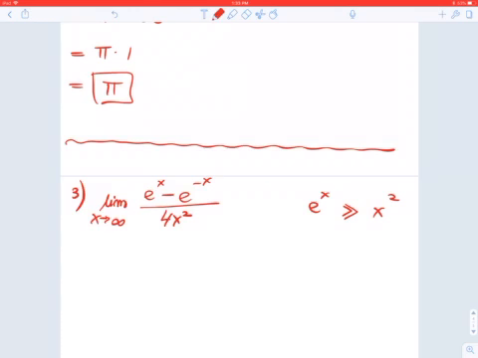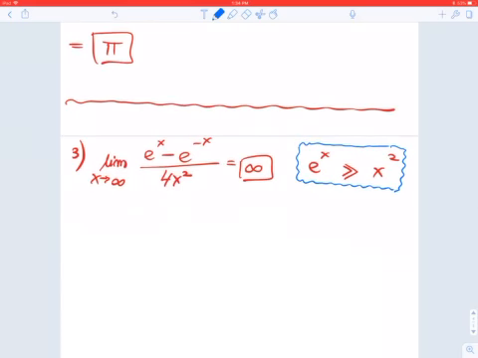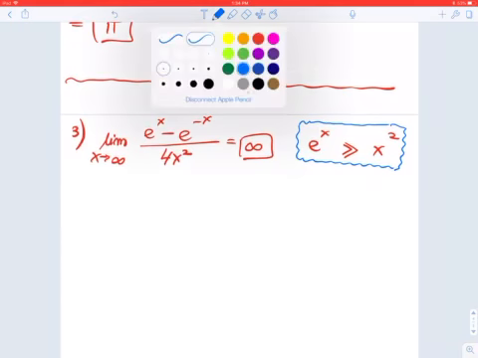Talking about growth rates at infinity, the numerator is growing faster. Always infinity. Just based on this relation between the leading functions from the numerator and denominator, I know that the numerator is always winning, so the limit is infinity.